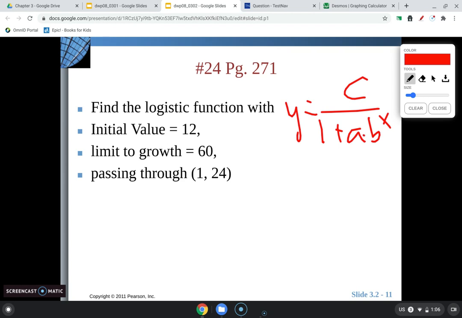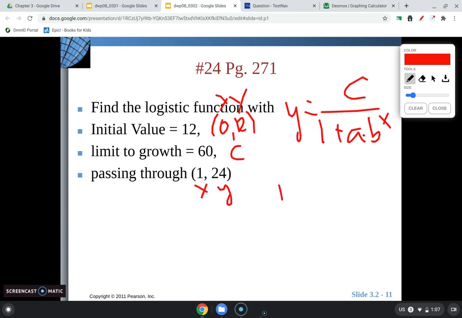The initial value is 12, meaning that's the point (0, 12). So that's my x and my y initially. Limit to growth is 60. And then the second point will be (1, 24).